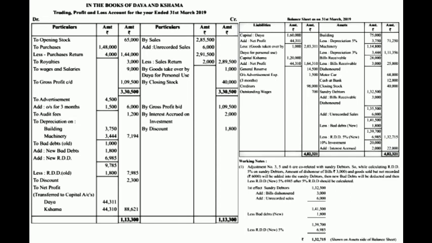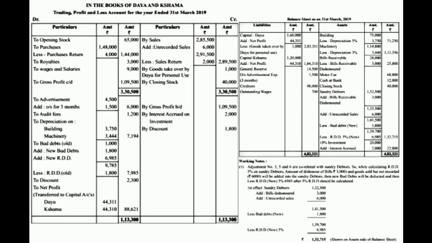After transferring this net profit, now we have to close our balance sheet. As the balance sheet is a statement, not an account, we won't find any balancing amount over here. It has to tally on both sides, asset side total as well as liability side total.